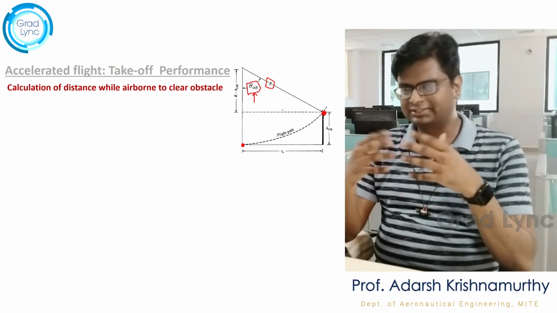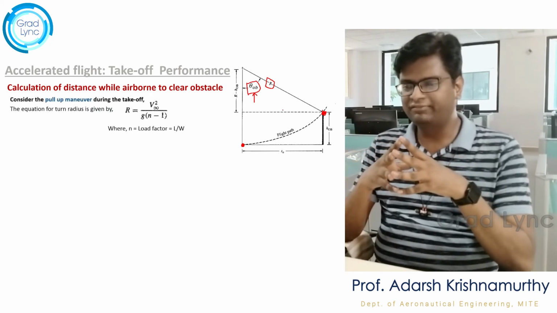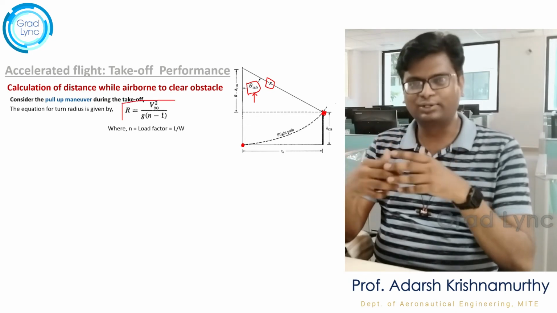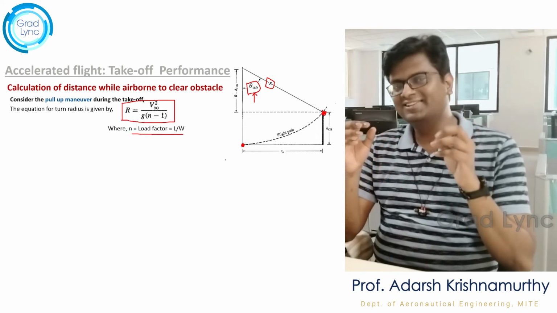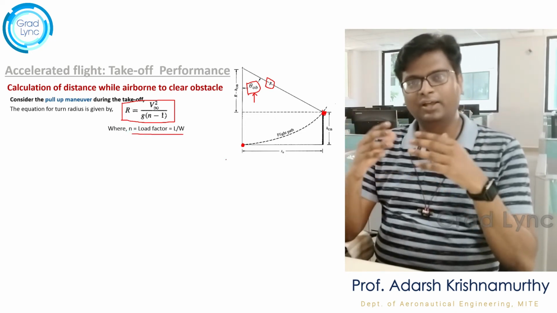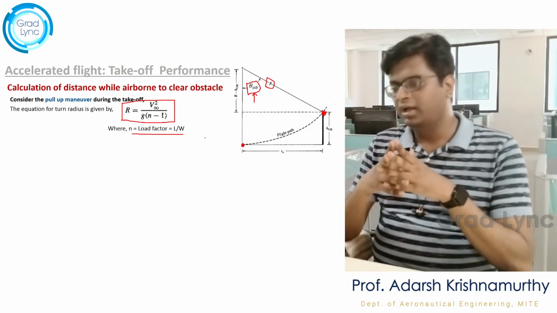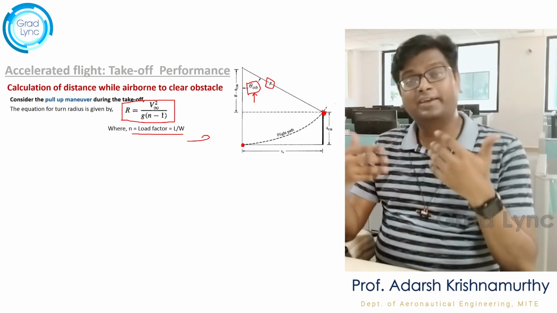Understand the equation, that is the turn radius equation, given by R is equal to V infinity square by g into (n minus 1), where n is the load factor. If you don't know what load factor is, it is just the ratio of lift to weight, right? For example, for takeoff, I need the load factor to be greater than 1. Why?